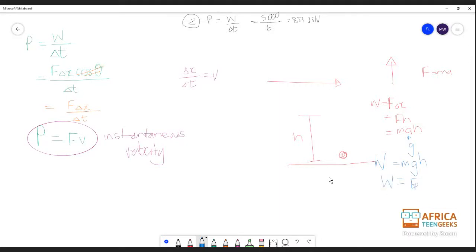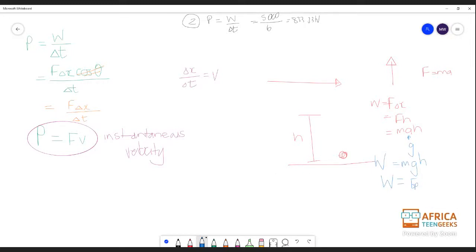So if you're working with an object moving up or down, then you are working with potential energy. If you're working with an object moving right to left, then you are working with normal m times a, whatever your acceleration is, and you can substitute in velocity if you don't have acceleration.